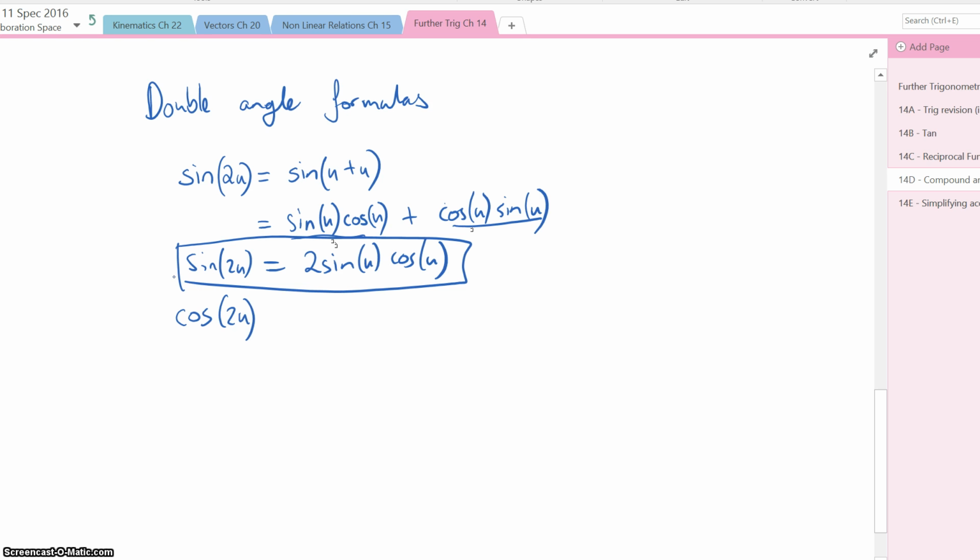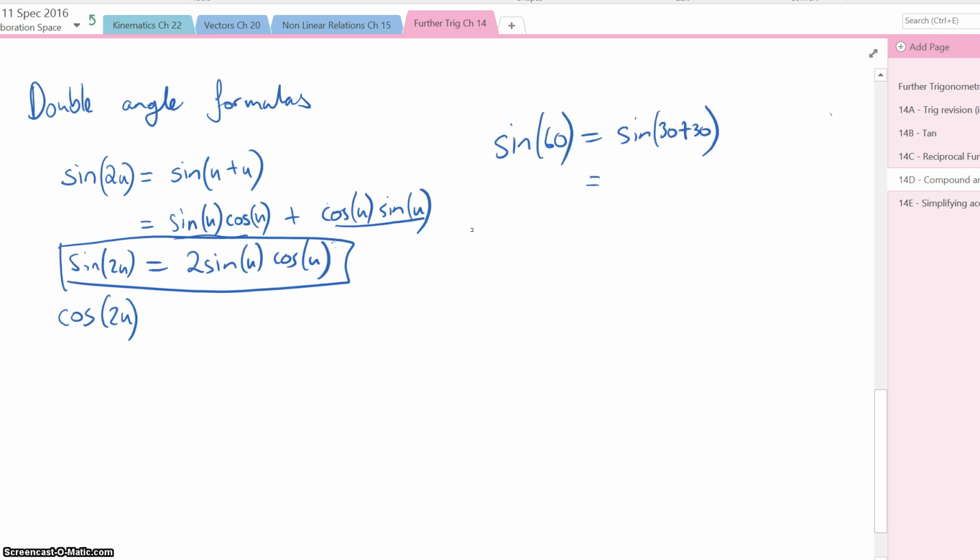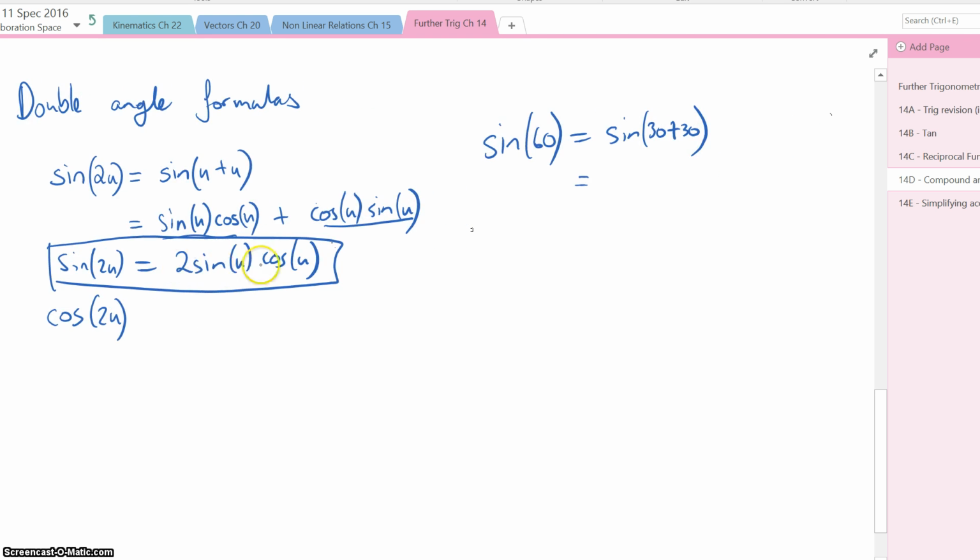Again, I could show you using, say, sine of 60. That's the same as sine of 30 plus 30, which is the same as 2 sine u cos u, or I can do the whole formula if you want to see that. So sine of 30 cos of 30 plus cos of 30 sine of 30.